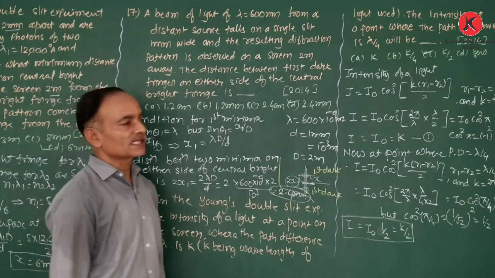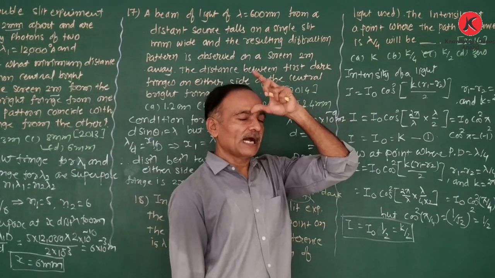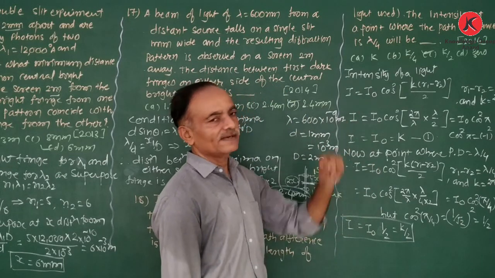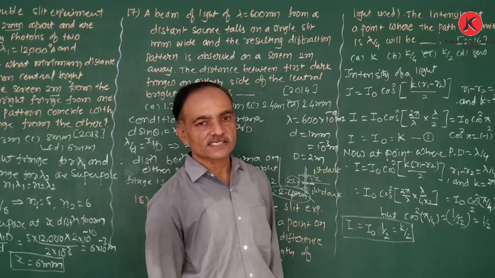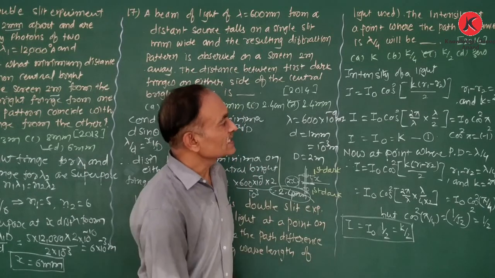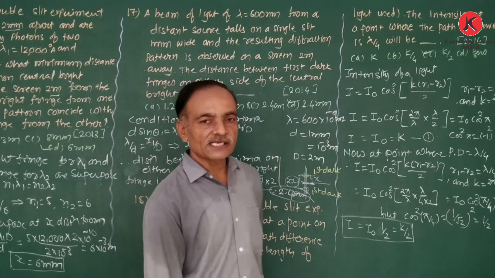So here we are using the equation of the intensity of light, I is equal to I0 cos square of K times (I1 minus I2) by 2. Already we discussed this equation of intensity in interference.